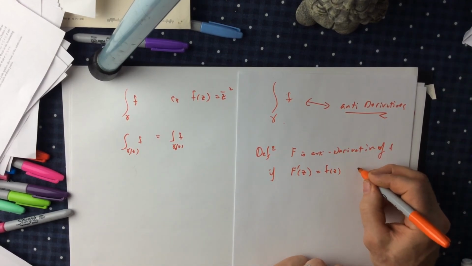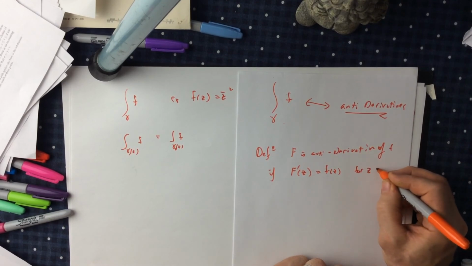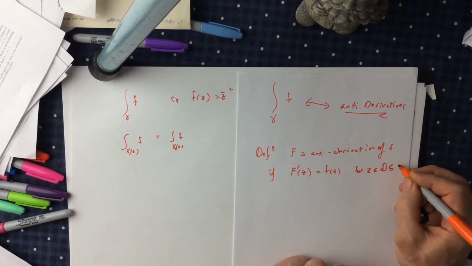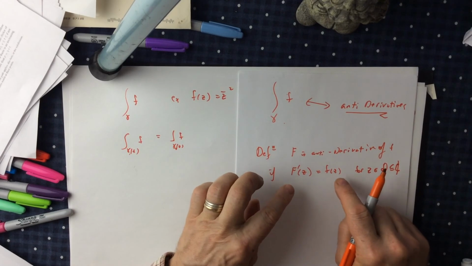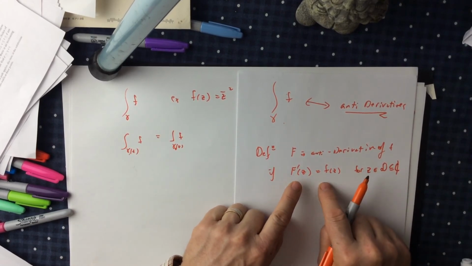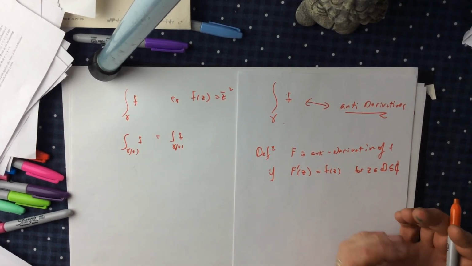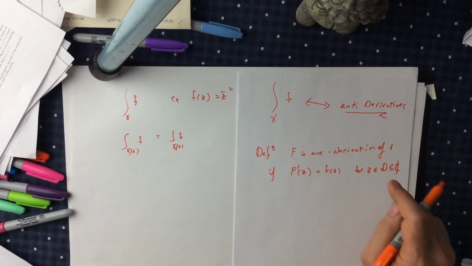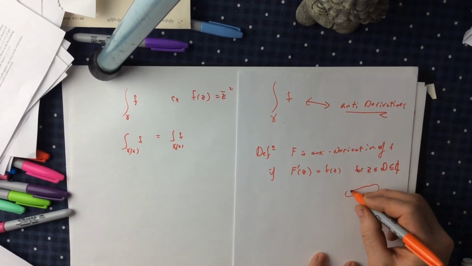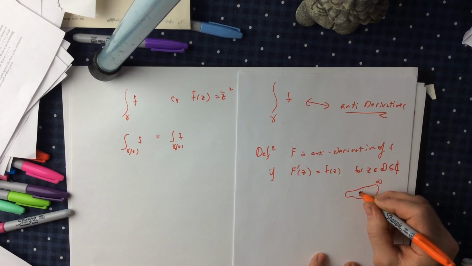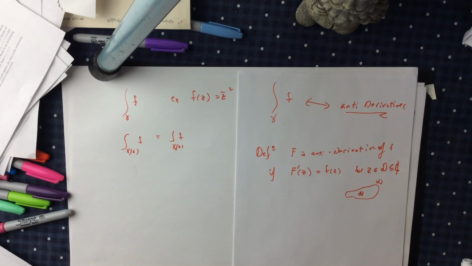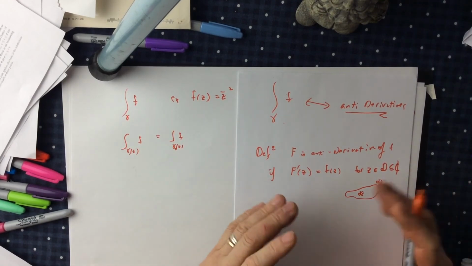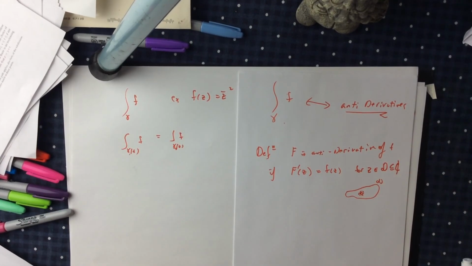So for z's inside of some domain in the complex plane, we want that domain to contain enough space so we can talk about this function being holomorphic. In other words, its derivative exists within a disk that lives inside of D. So we want D to be big enough to contain a disk that contains the z's inside of there. Those of you that have topology, this is an open set.